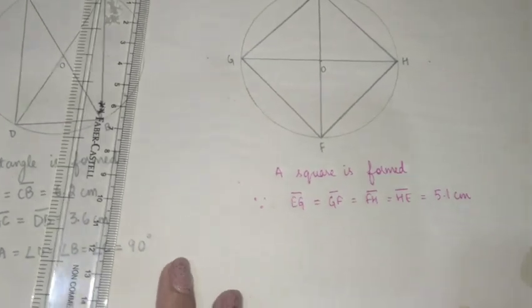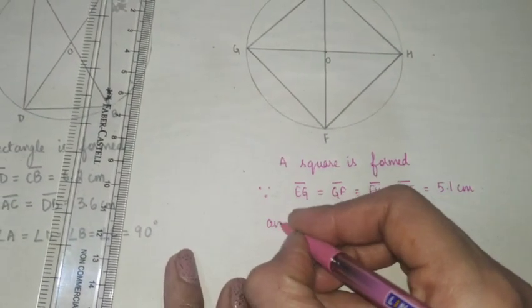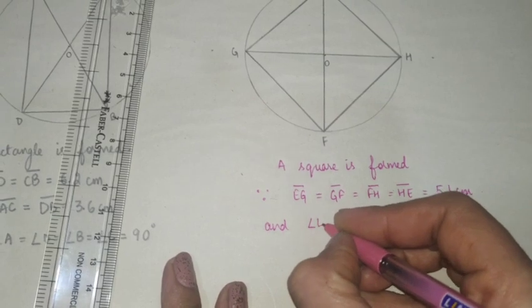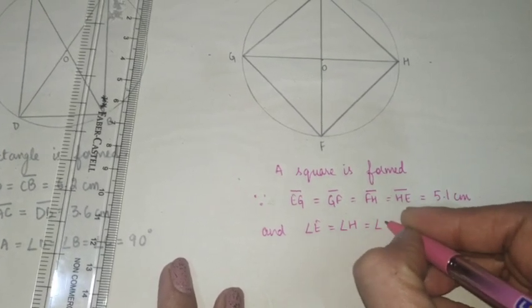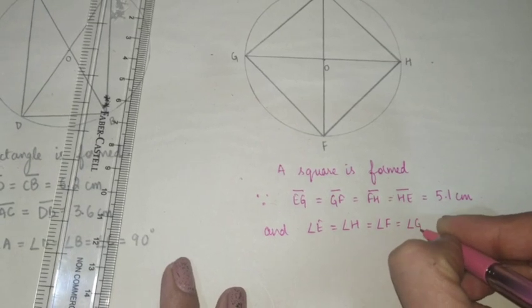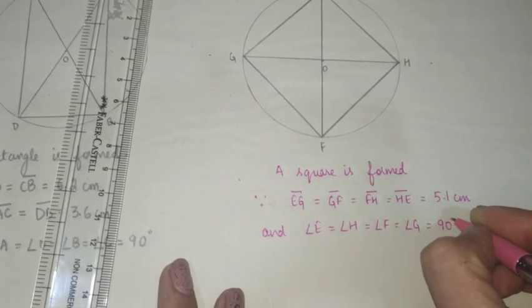So all the sides are equal, and also all the angles, angle E is equal to angle H is equal to angle F is equal to angle G. They all are equal to 90 degrees.